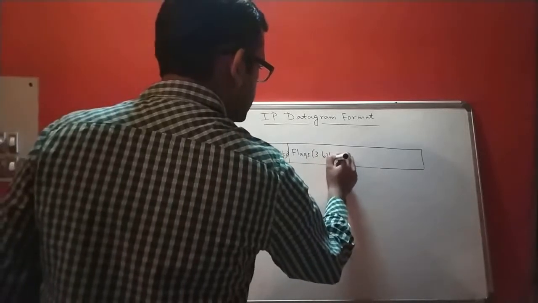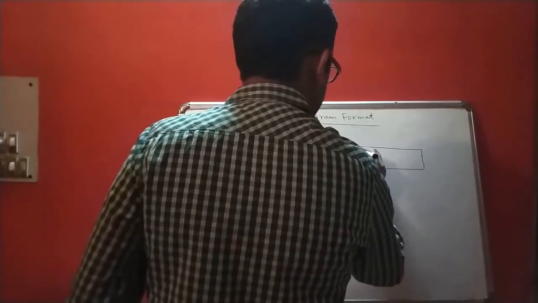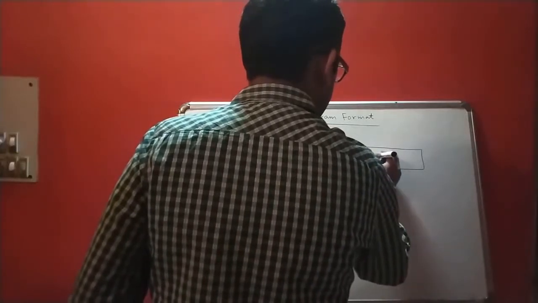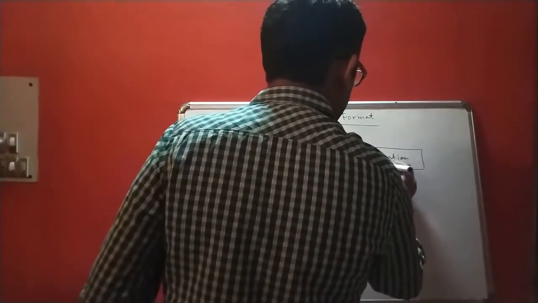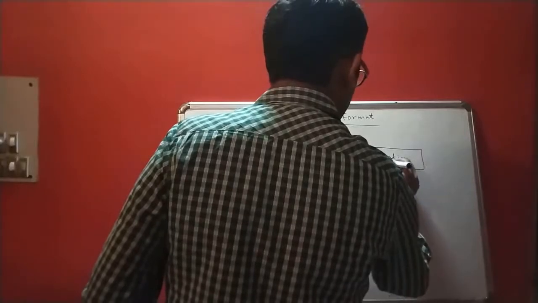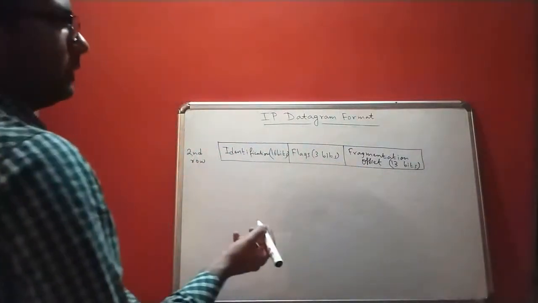So we have 3 bits of flag, and the last one is the fragmentation offset. That means how far within the fragmented part have you reached. The fragmentation offset will take up 13 bits.